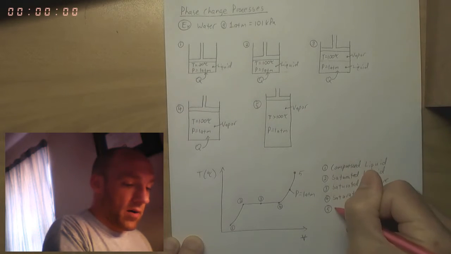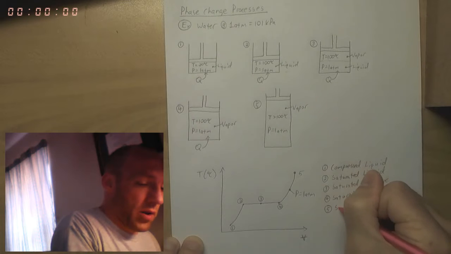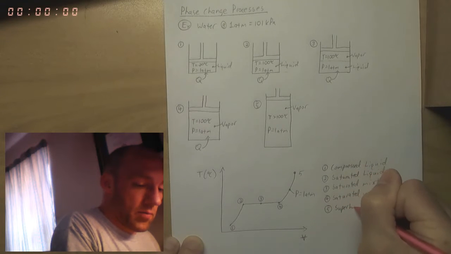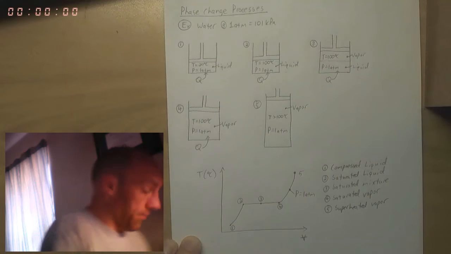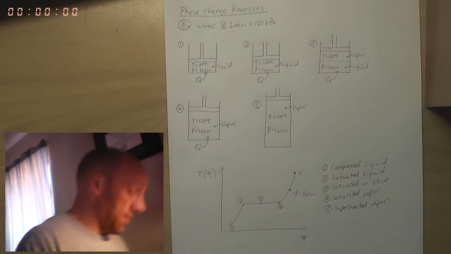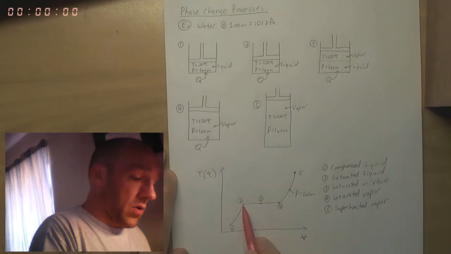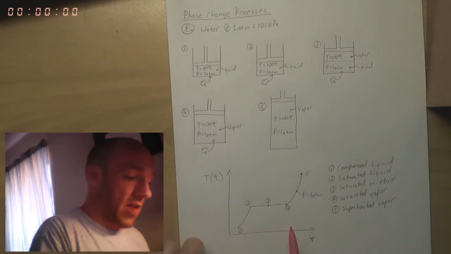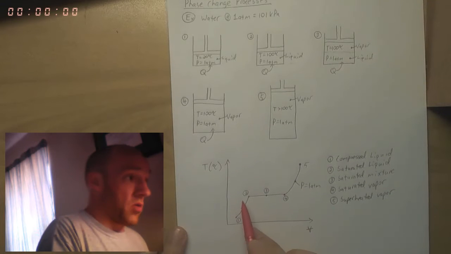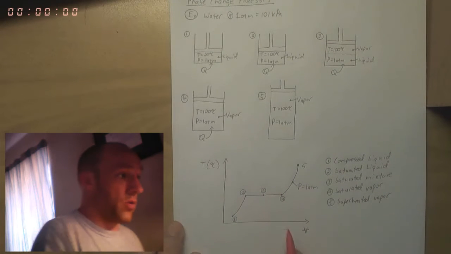And then state 5 is what's called a superheated vapor. Okay. Now, notice some very important thing in the saturation region here between states 2 and 4.